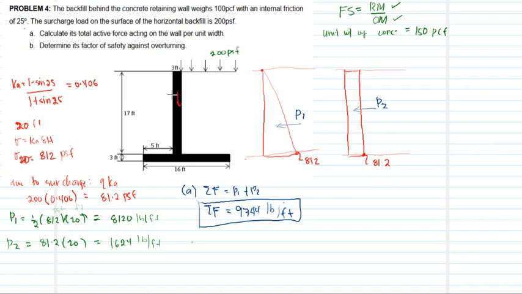Meron tayong W1, yung weight ng concrete dito. Meron tayong hanggang dito, meron tayong W2, yung weight ng concrete natin dito, and then meron tayong W3, that is the weight of the soil. So, yan yung magiging factor nung ating righting moment.